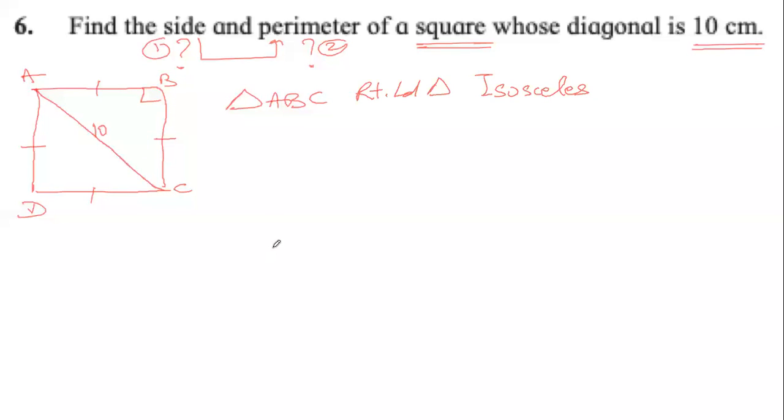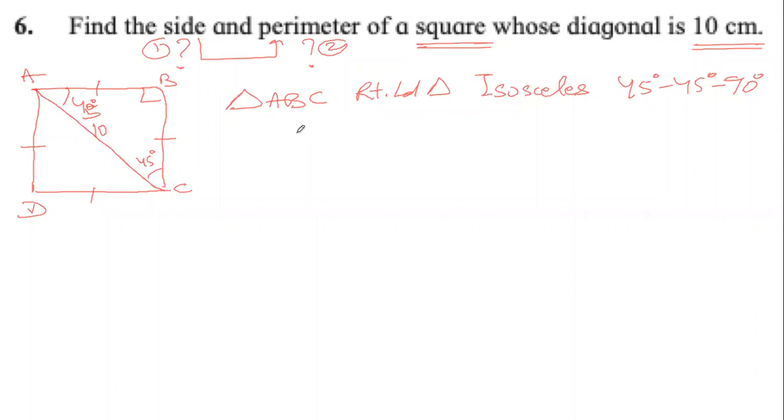And when a right angled triangle is isosceles, I'm saying isosceles because the sides AB and BC are of equal length, we also know that it will be a 45, 45, 90-degree triangle. That means this angle here is 45 degrees, and this angle here is also 45 degrees. Now you can find out the side. Try to find the side, then try to find the perimeter. Share the answer in the chat.